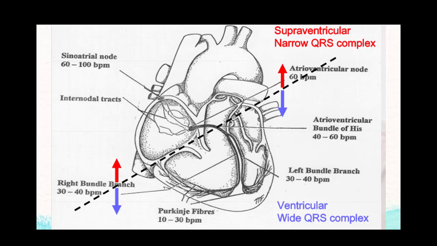If it's coming from the ventricles, then it's coming from the bottom part of the heart. Your rate is going to be slower, and your QRS complexes will be wide. They will be greater than 0.12. The normal QRS is 0.04 to 0.12.